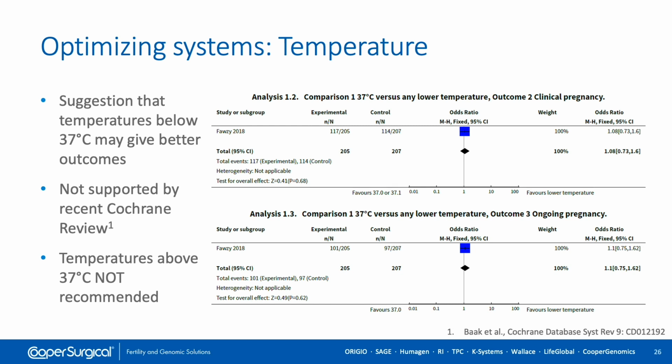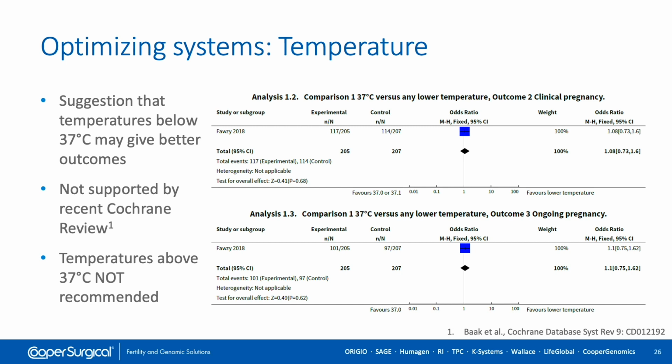Really, keeping the temperature as close to 37 and stable as possible is beneficial for long-term embryo culture. And it's certainly true that we should not increase the temperature above 37 degrees. This is detrimental to embryo development.